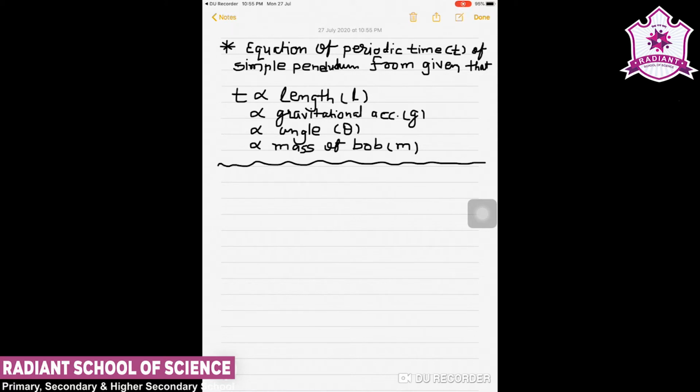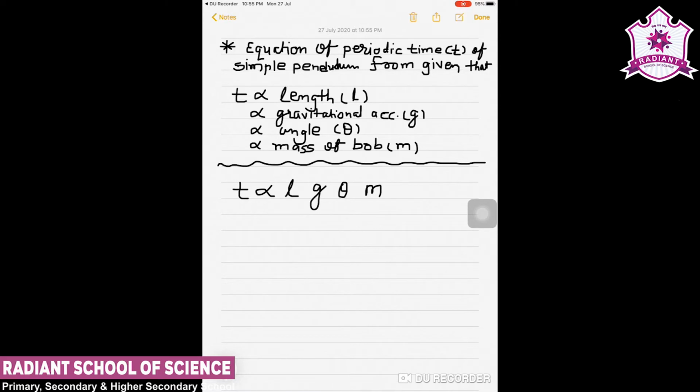To perform this example, first of all we will take T directly proportional to the length, then gravitational acceleration g, then theta and m. Now we do not know exactly how they depend upon each other.